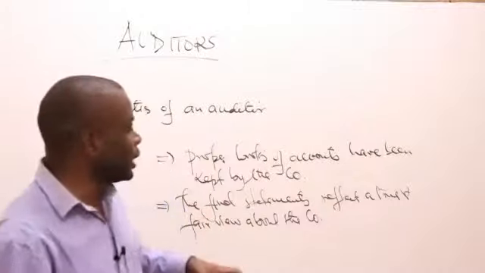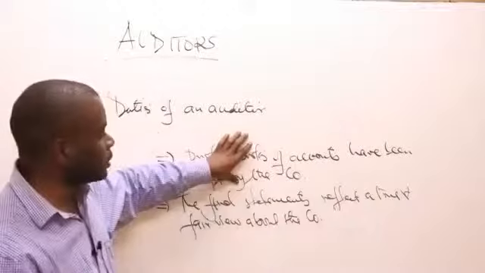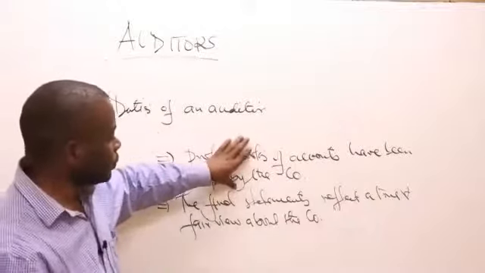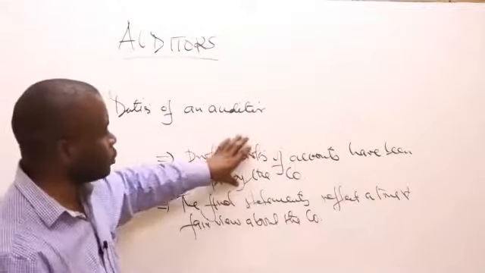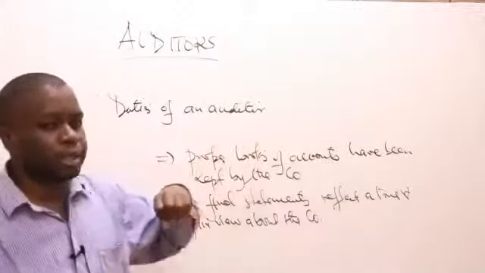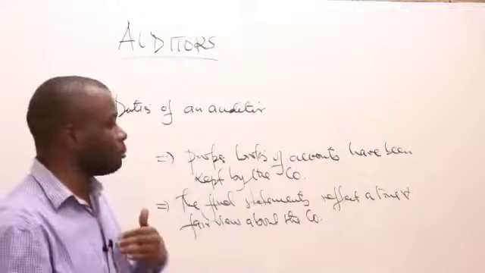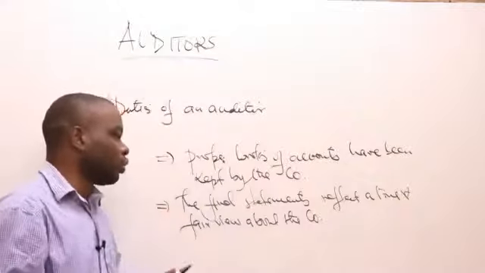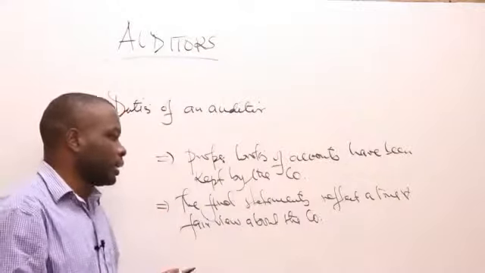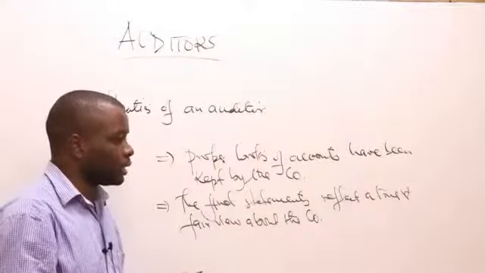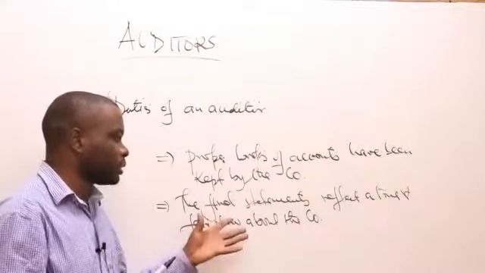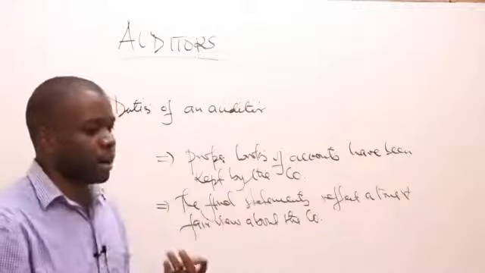So for example, if you deny him the books of accounts, you are limiting this auditor from having the right to information. If he doesn't have the access, he won't be able to give an opinion on whether the books of accounts or the final statements reflect a true and fair view about the company.